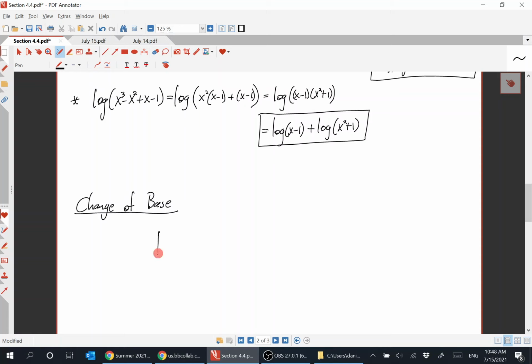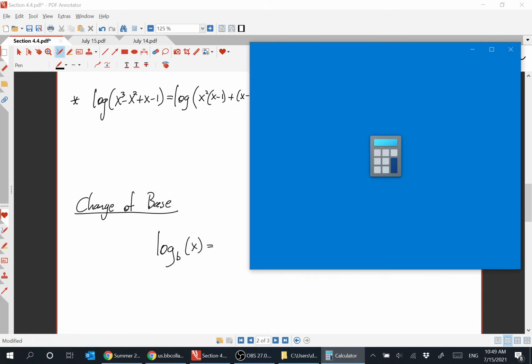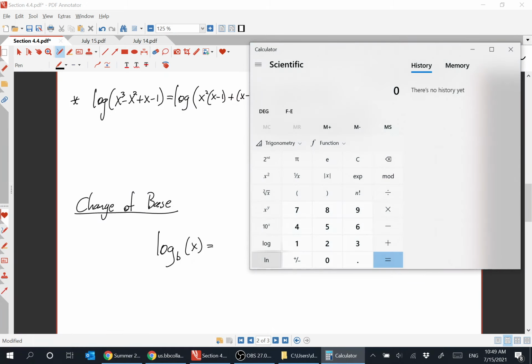So if you have the logs, like I was saying, all the logs are really kind of the same. The log base b of x is equal to, well, the only log buttons that you have on your calculator are typically natural log, ln, and common log, base 10.